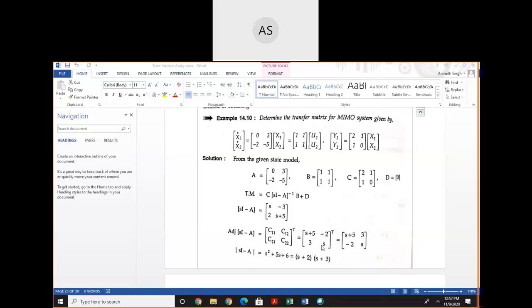Take the transpose of this matrix. For taking the transpose, this row will become a column: S plus 5, minus 2.